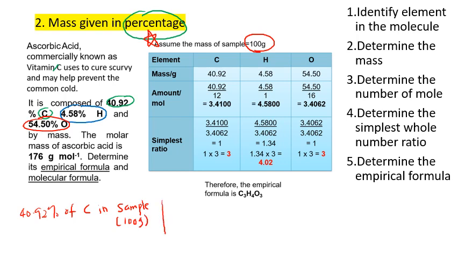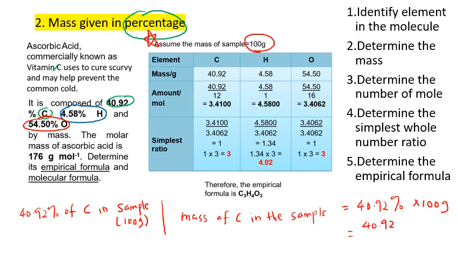So if you want to find the mass of the carbon in the sample, what you are going to do is say 40.92% multiplied by the sample. The sample is 100 gram. So 40.92 percent will be 40.92 over 100 times 100 gram.